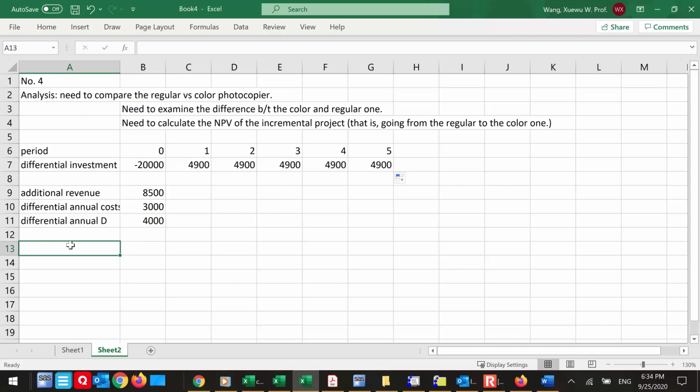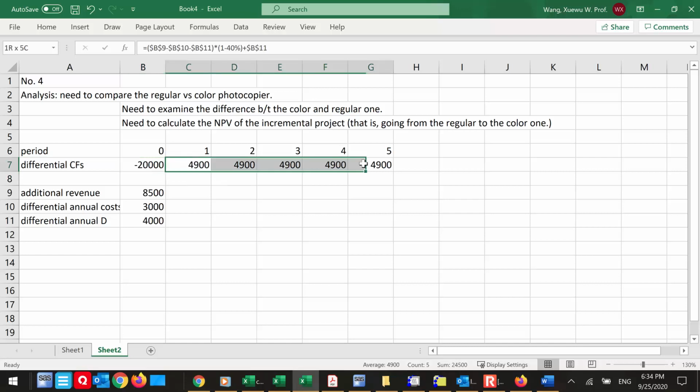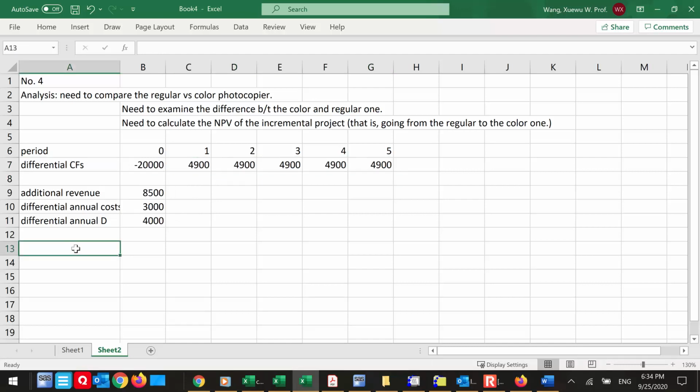This is a little confusing, so I should say differential cash flows. The differential investment is negative 20,000, and that is the return if you go with the color one based on the regular one. Now I can look at the PV of the incremental project. I'm using the PV function here.